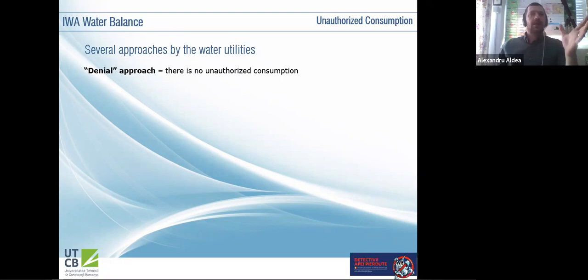I haven't heard of a water utility that doesn't have at least one consumer that will steal water. It is true that in most cases, the volume of unauthorized consumption, the proven volume, is very small in comparison with, let's say, the real losses.